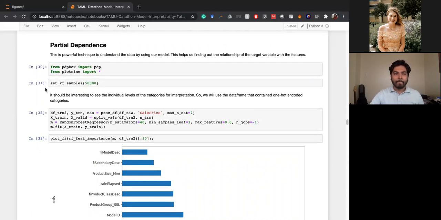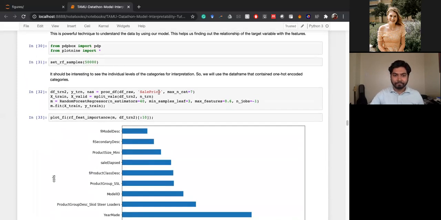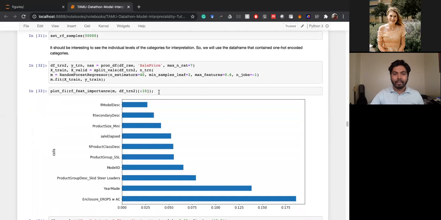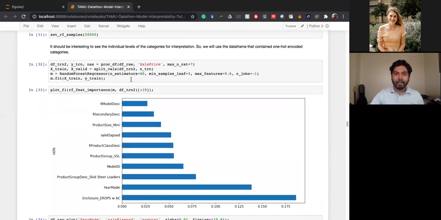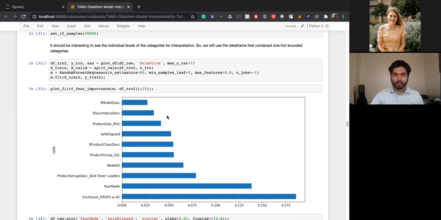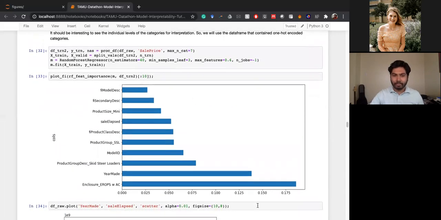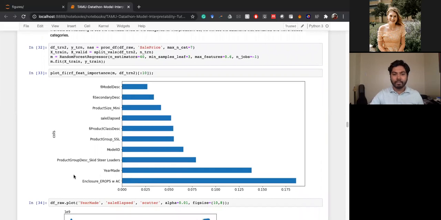Similarly, I select a subset of observations from my data set, and I'm using the model that I trained on the one hot encoded features. This is the feature importance on those one hot encoded features. You can see that the enclosure EROPS w AC has the highest feature importance. You can also see year made is here.